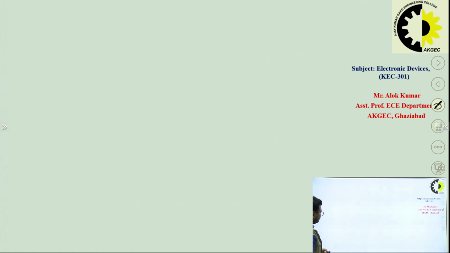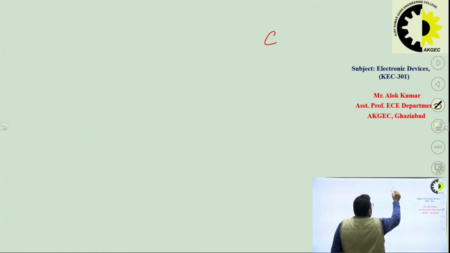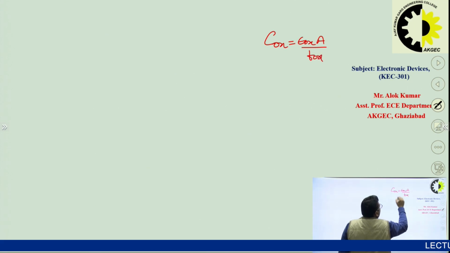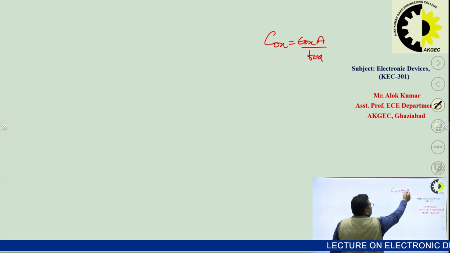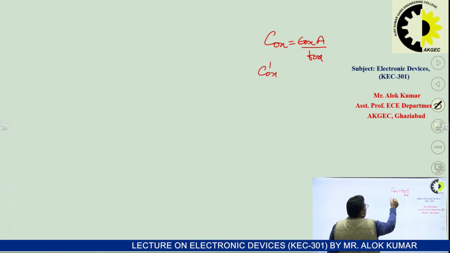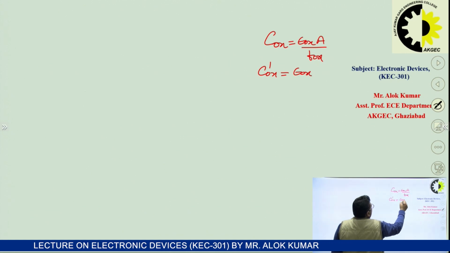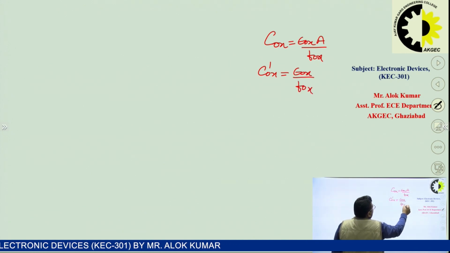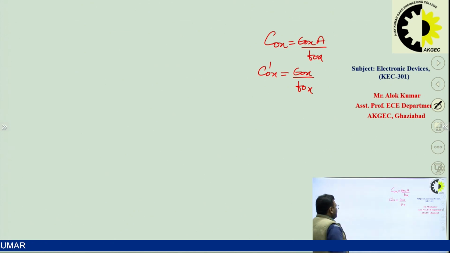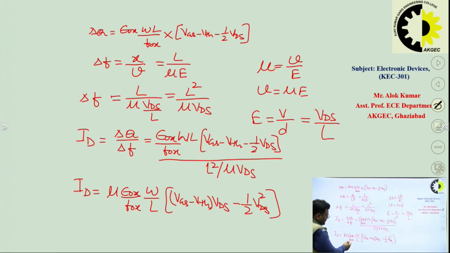Now, as we know, COX can be written as epsilon OX into A divided by TOX, right? So if I accommodate this area, I can write COX prime is equal to epsilon OX divided by TOX. So this is the capacitance, and this is the capacitance per unit area. So in this equation, I have the term epsilon OX divided by TOX, so I can replace this term by COX prime.